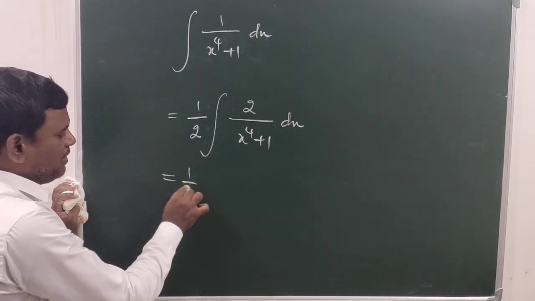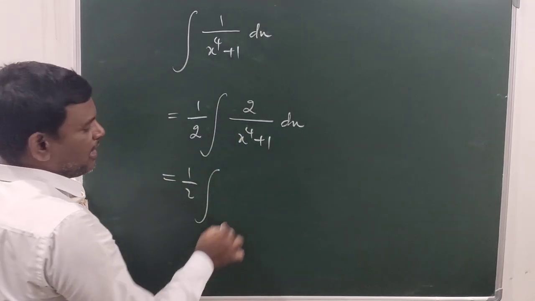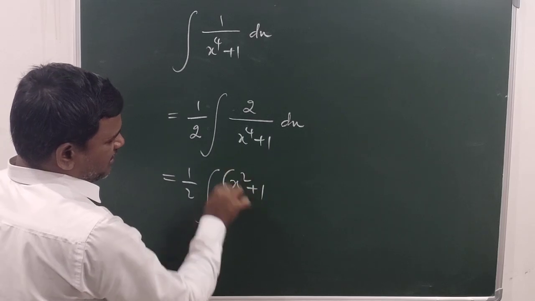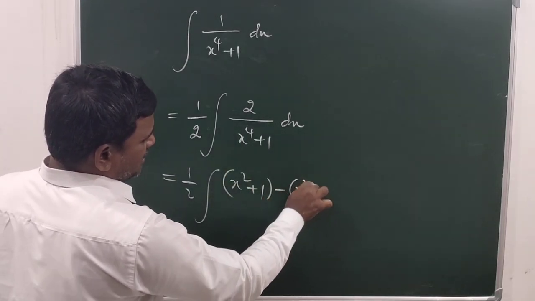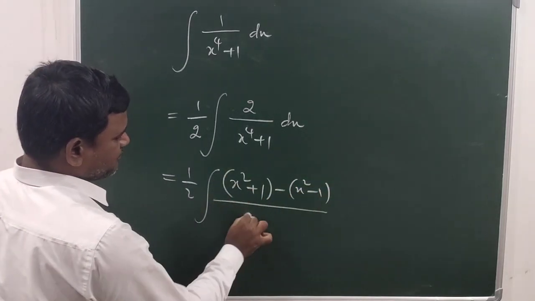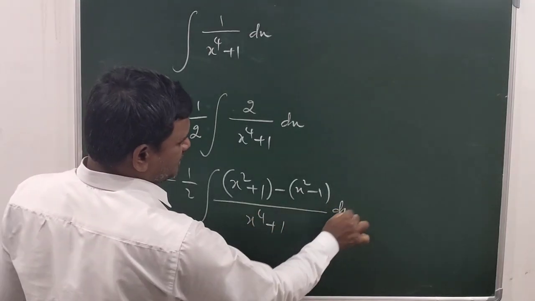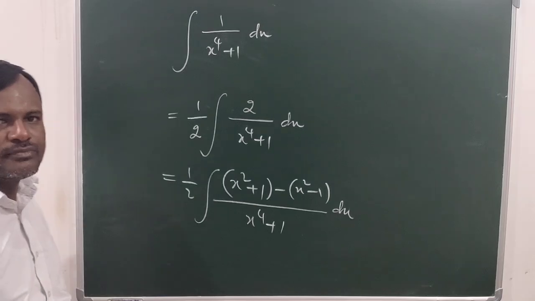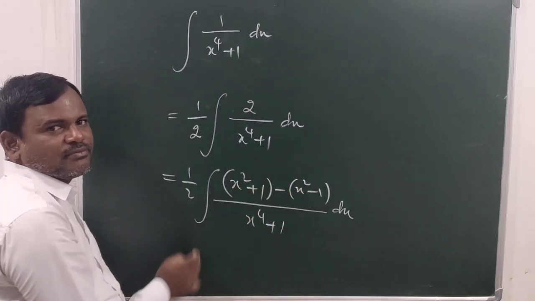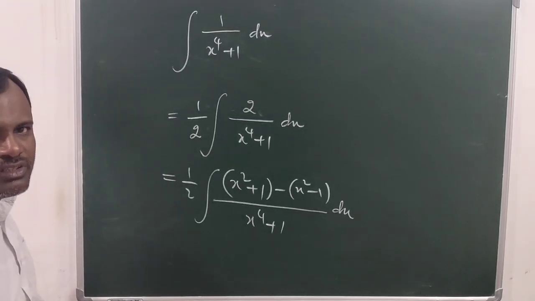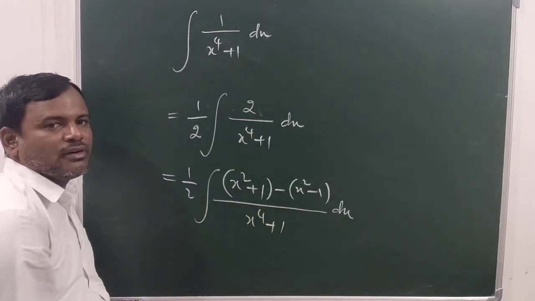In the next step, in the numerator I write x square plus 1 minus x square minus 1, and in the denominator x to the power of 4 plus 1 dx. If you simplify this again, you will get 2, so I wrote the 2 like this.